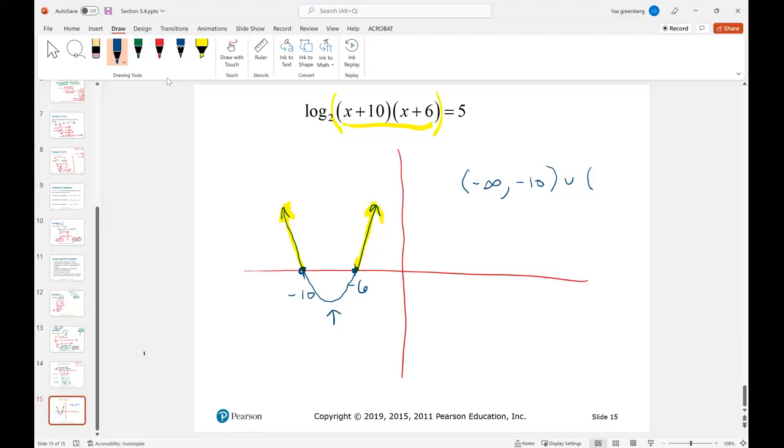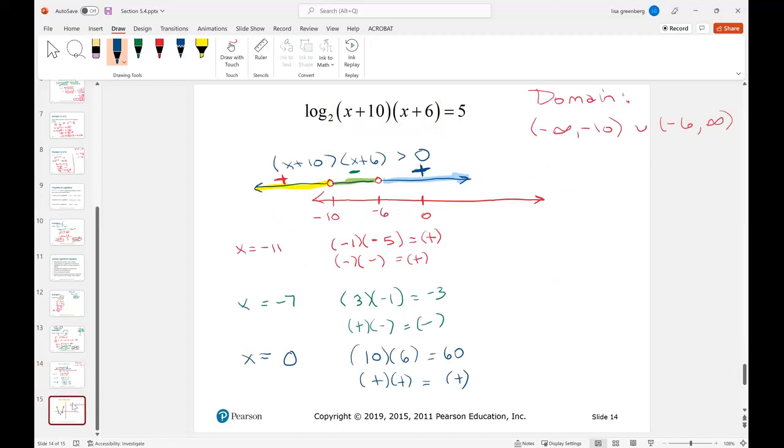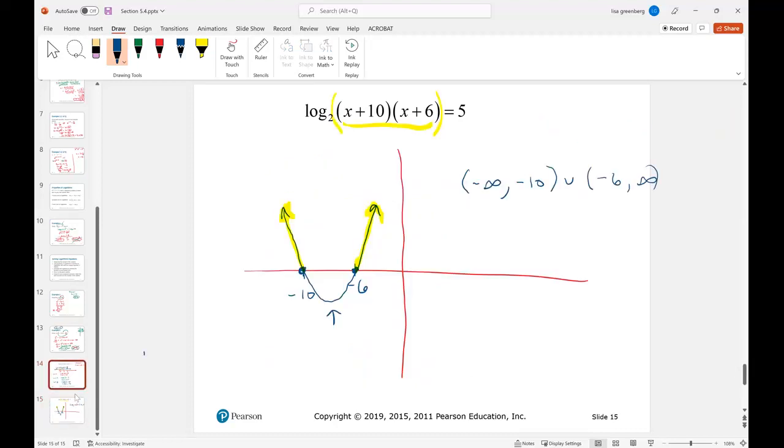Y is negative there. And then we can go from -6 to infinity. And that for me is a lot easier, especially when it's a quadratic, because I don't have to just plug in numbers. So we should have the same domain. Let's just look. Perfect. Same thing, right?